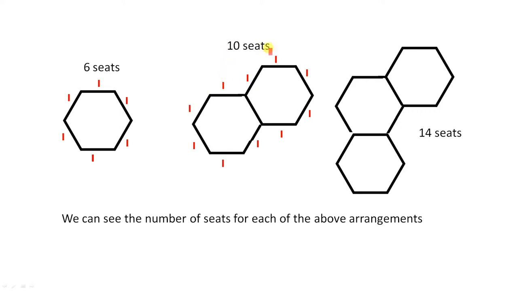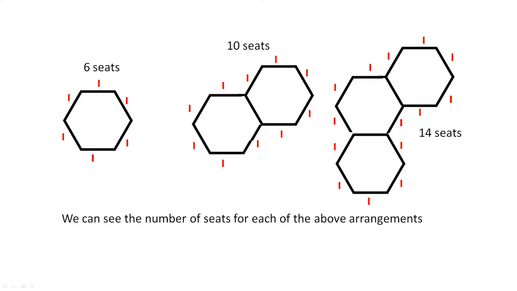So there are 10 seats. Add an extra one. 1, 2, 3, 4, 5, 6, 7, 8, 9, 10, 11, 12, 13, 14. So you have 14 seats. So we can see the number of seats for each of the above arrangements. So we start off with 6, then 10, then 14.